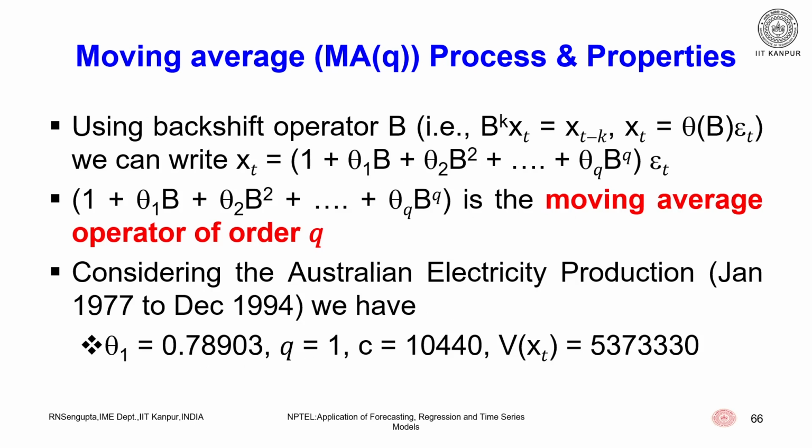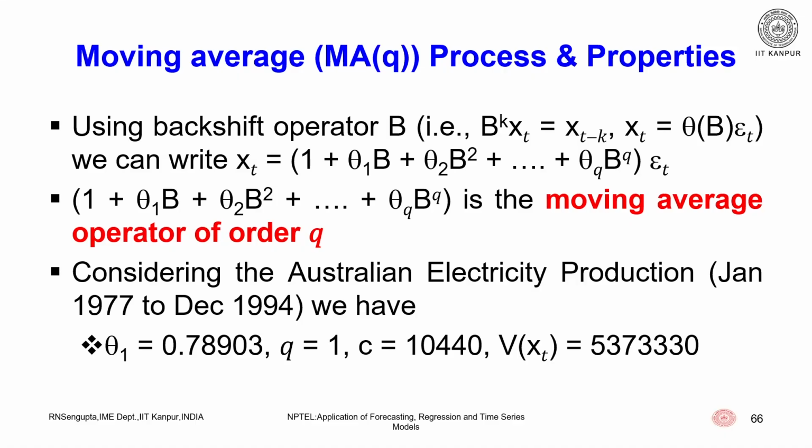So, using again the backshift operator in the same sense, only remember in the case of auto-regression and in the case of moving average, we are taking the parameters in the first case as phi, in the second case as theta, and the nomenclature has been done in such a way that in the auto-regressive process the parameters are subtracted, and in this moving average process they are added.